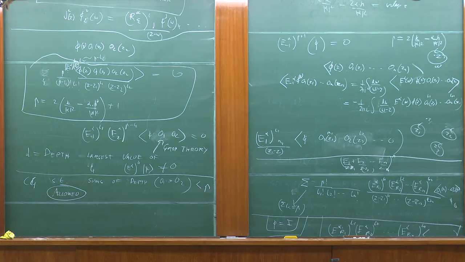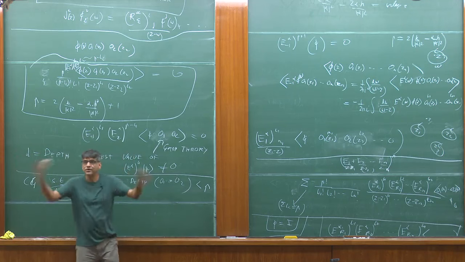Such Clebsch-Gordon coefficients obey the condition that this thing is equal to 0, their coefficients don't have to vanish.